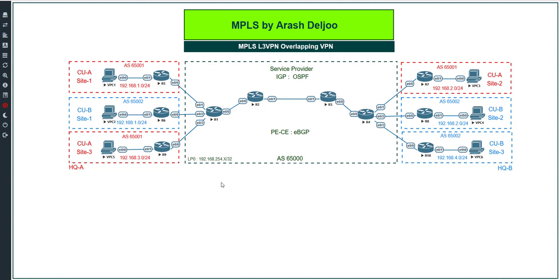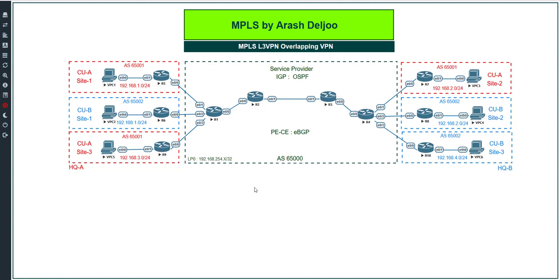For example, we need to send traffic from site 1 of customer A to site 2 of customer A, and also to site 3 of customer A. And we need to send traffic from site 1 of customer B to site 2 of customer B, and also site 3 of customer B. This means the first thing we should have is reachability between different sites of a customer. But after that, we need another type of connectivity, the connectivity between the headquarters.